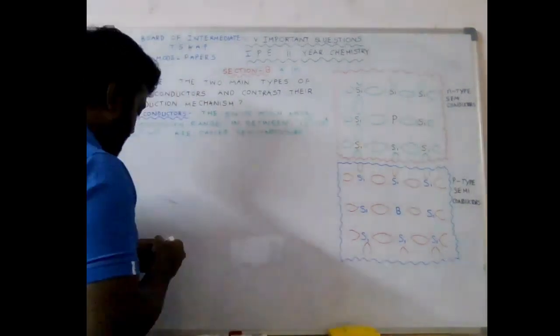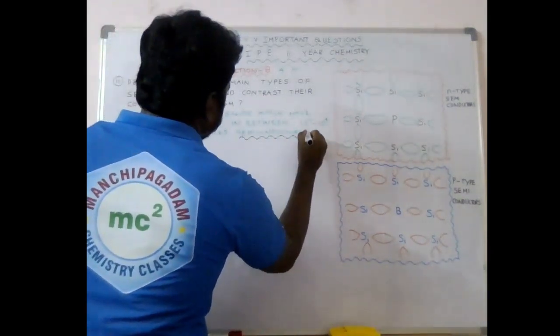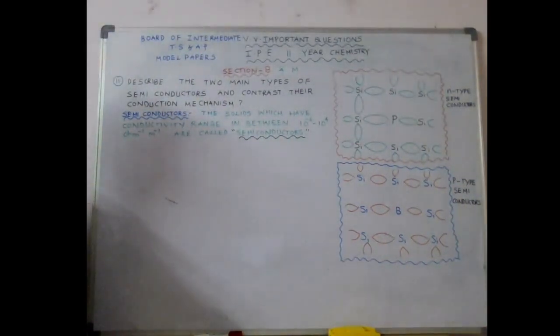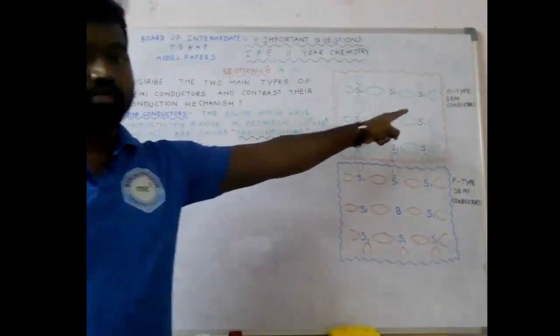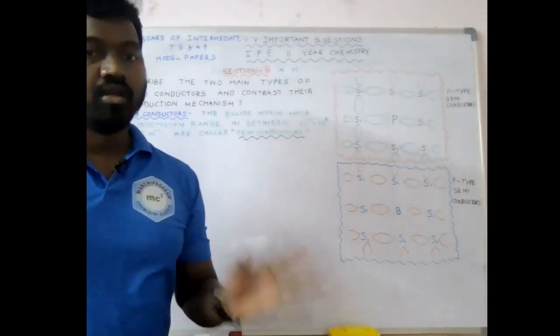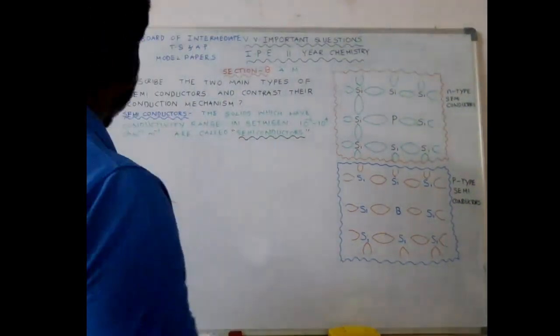So this is the range of semiconductors. Types of semiconductors: N-type semiconductors and P-type semiconductors. N for negative, P for positive. So what is negative, what is positive, we'll discuss.